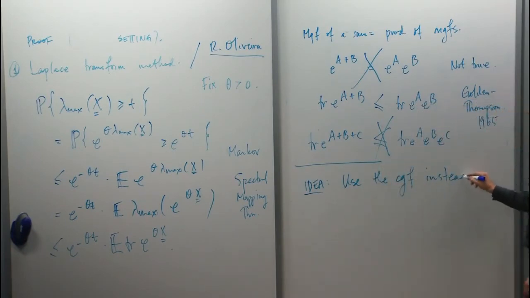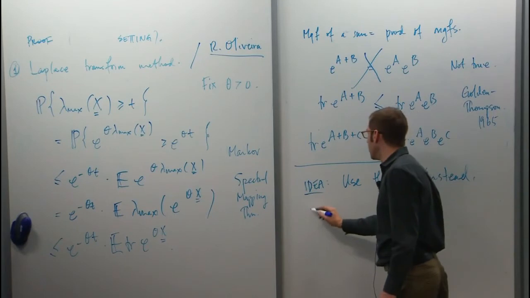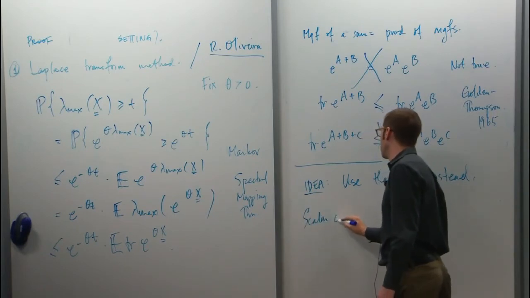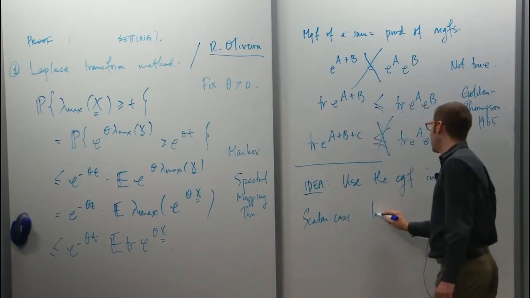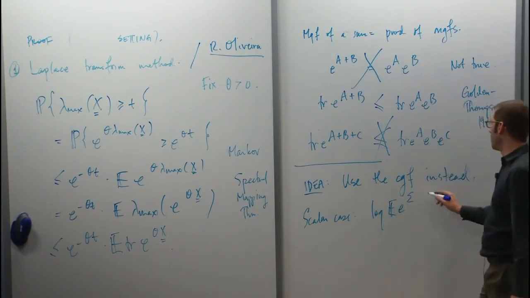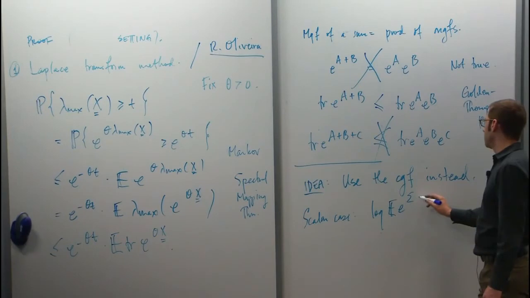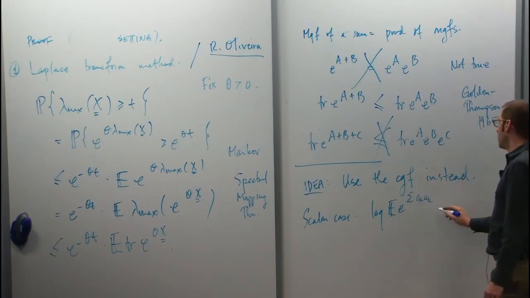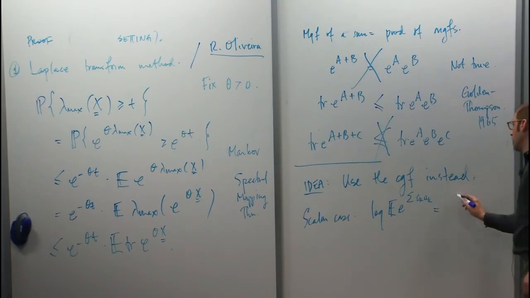So what's a cumulant generating function? It's just the log of the moment generating function. And the interesting thing is that in the scalar setting, if you take the log of the moment generating function of an independent sum, this is equal to the sum of the logarithms of the moment generating functions of the summands.